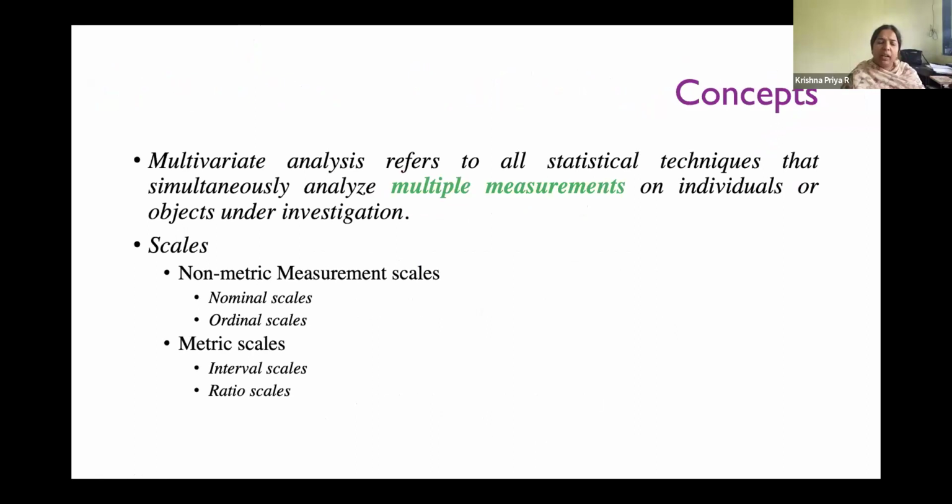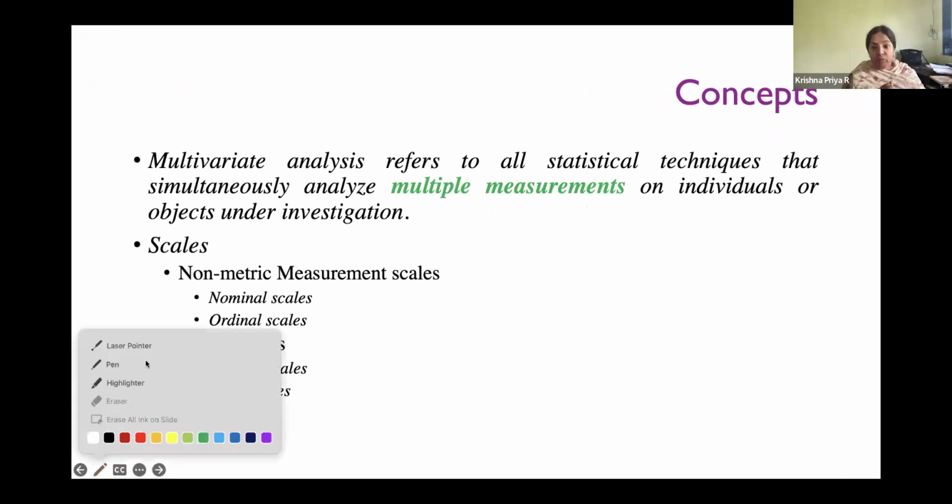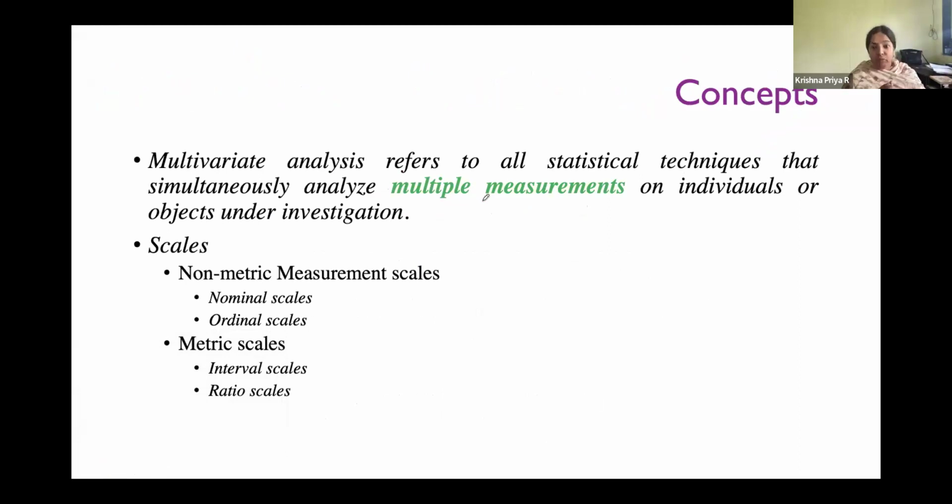For now, let us first start with defining what is multivariate. Multivariate analysis refers to all the statistical techniques that simultaneously analyze multiple measurements. As I said in the earlier slide, you have multiple variables or data. All these variables are measured and hence they become data. So multivariate data analysis simply means that multiple measurements or variables come together about a certain subject.